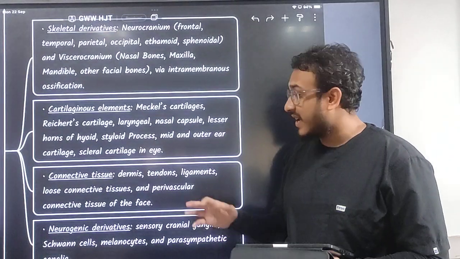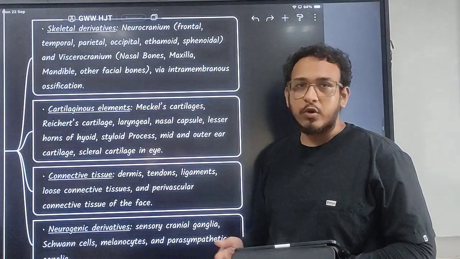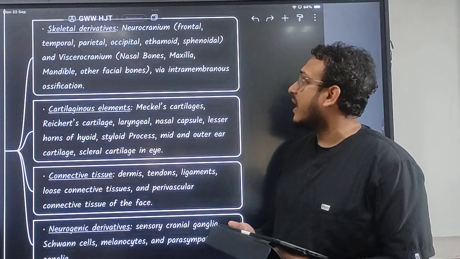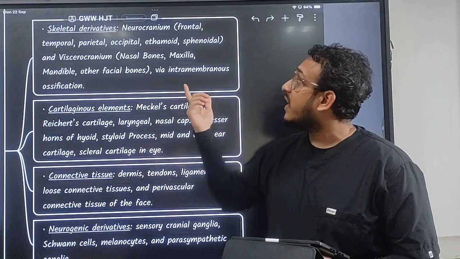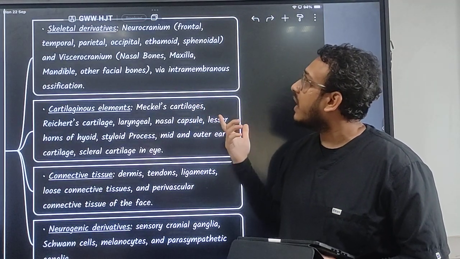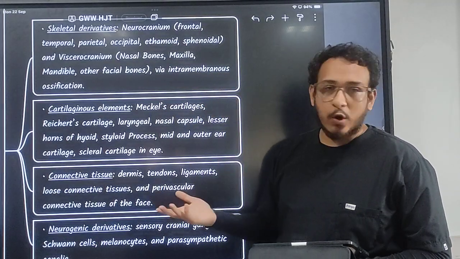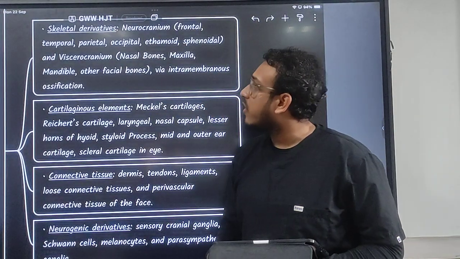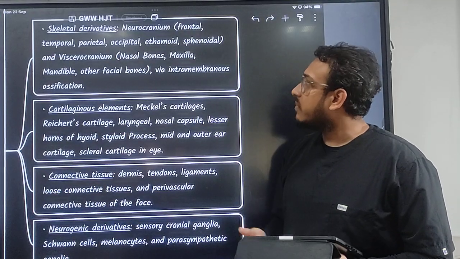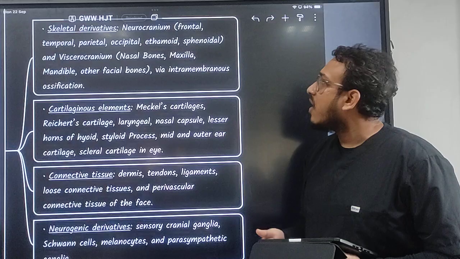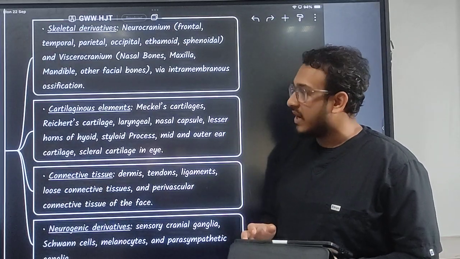Now some skeletal derivatives; we'll talk about the structures which are related to the craniofacial area. The skeletal derivatives will form the neurocranium, that is the frontal, temporal, parietal, occipital, ethmoidal, and sphenoidal bones of the skull, and the viscerocranium, that is the nasal bones, maxilla, mandible, and other facial bones via intramembranous ossification.